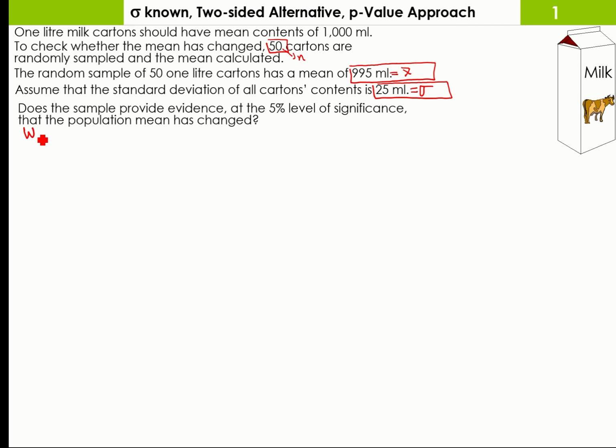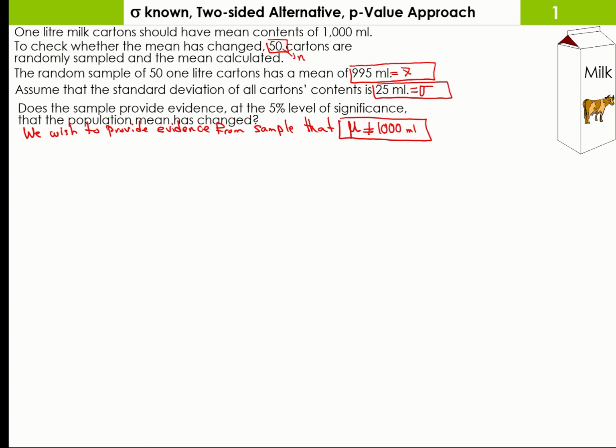So here actually we wish to provide evidence from sample that mean value of the population is not equal to 1000 milliliters.